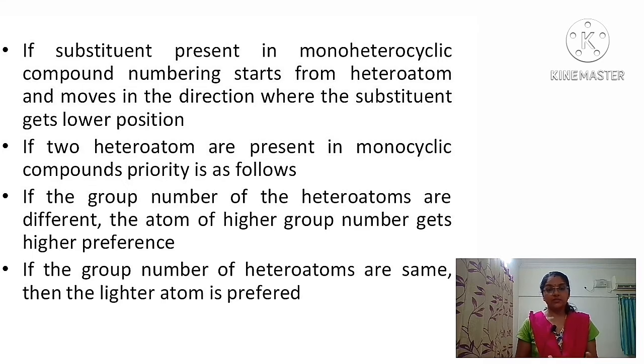Again, if the group numbers of the heteroatoms are the same, for example oxygen and sulfur both belong to the 16th group, then the lighter atom will get higher preference than the other. That is, oxygen will get higher preference than sulfur.